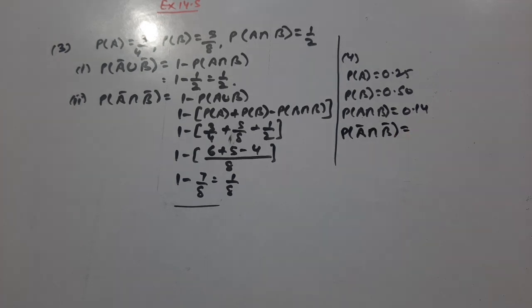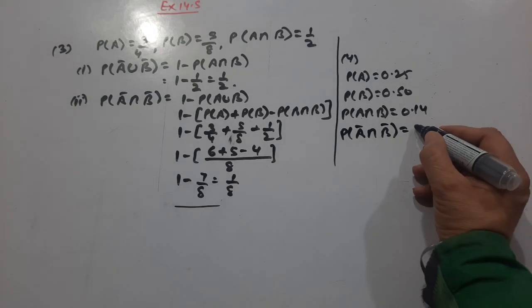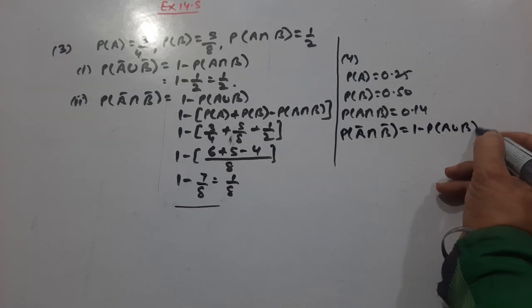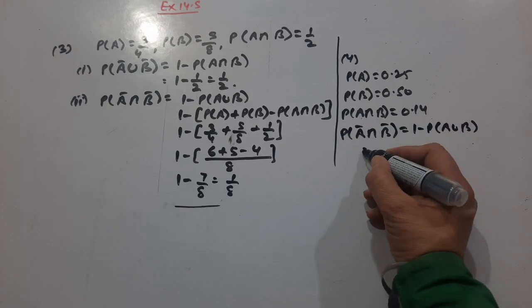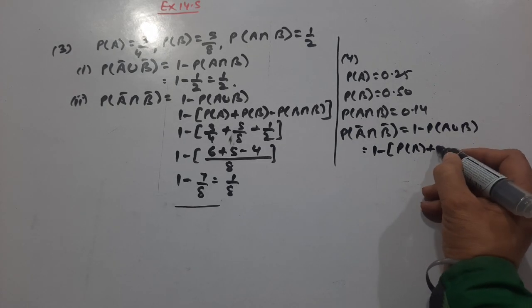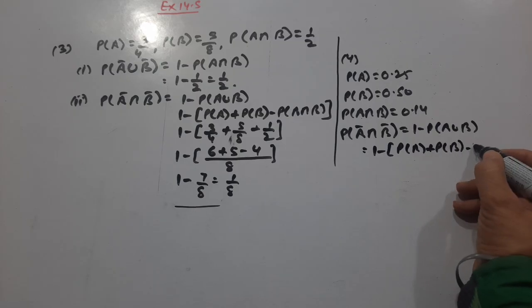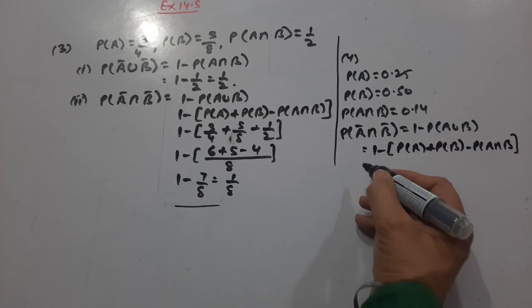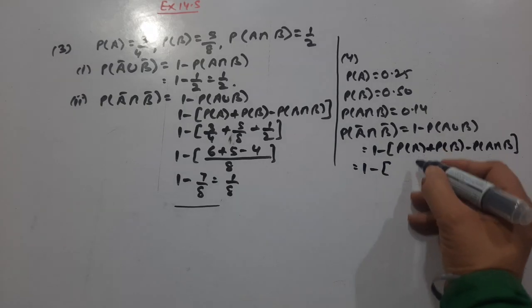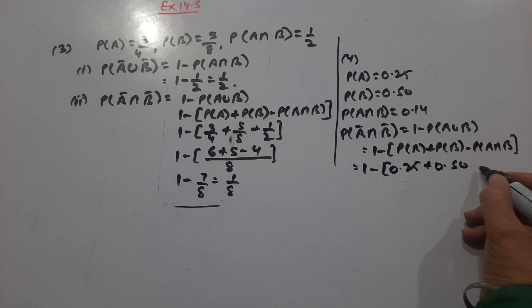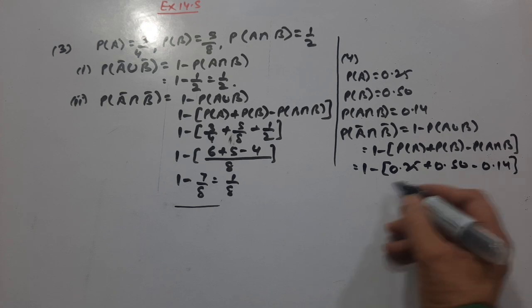We have to find P of A bar intersection B bar, and this is equal to 1 minus P of A union B, and this is equal to P of A plus P of B minus P of A intersection B. So this is equal to P of A 0.25, plus 0.50 minus 0.14.